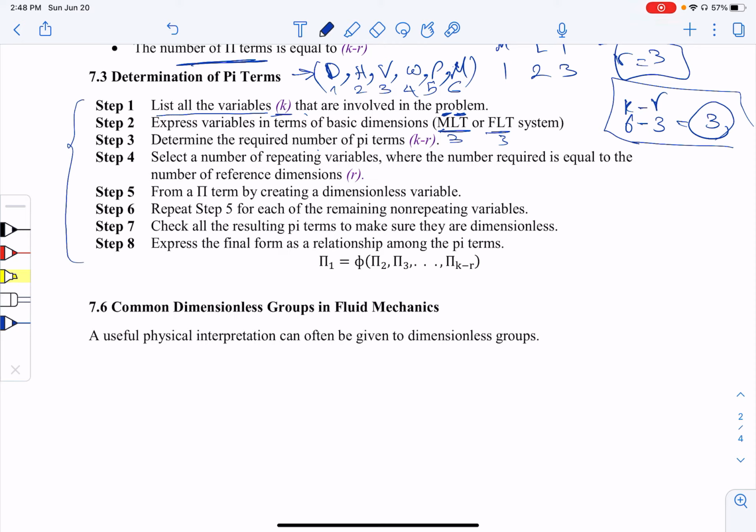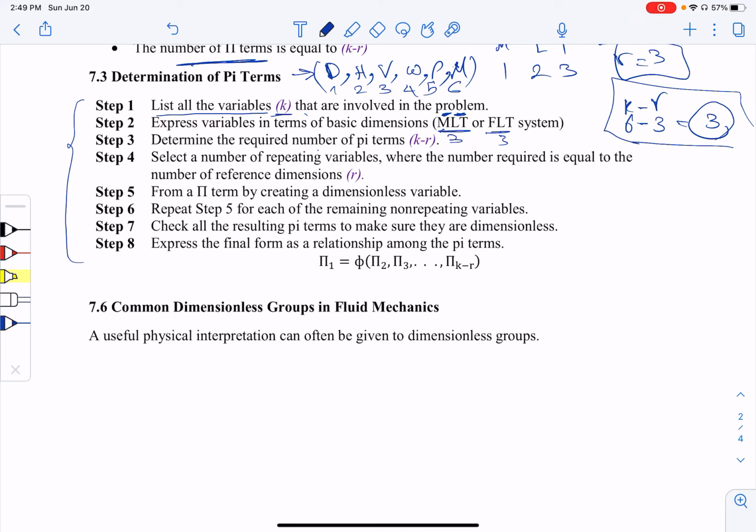But special attention should be given to the selection of the repeating variables at step 4. All of the required reference dimensions must be included within the group of repeating variables.